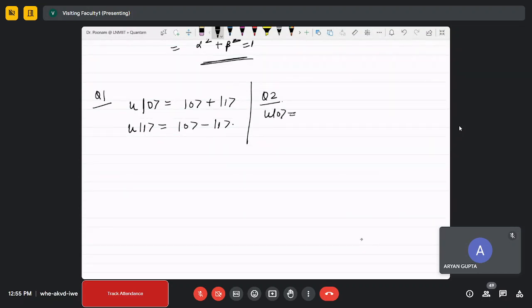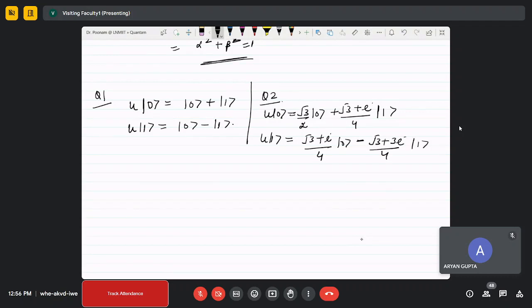And second, check for these questions whether it is a valid quantum gate or not.